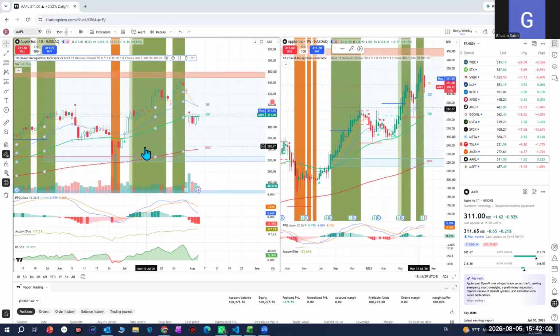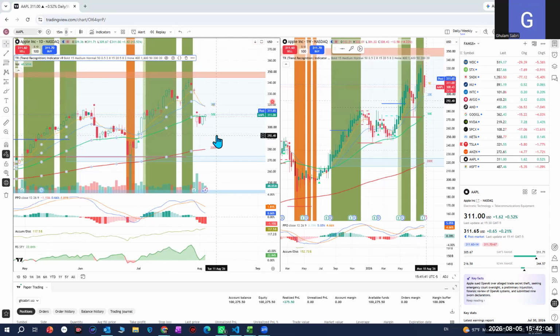Now, I wrote an article about Apple, which is on my education side, and I shared it on my website. Apple has a tendency that whenever it breaks out, it comes back. Whenever it breaks out here, it comes back. It breaks out here, it comes back. Now, it is repeating the same thing. It breaks out and it has come back, but it will find support at a good position and then it will go again. And that will be our entry again in the case of Apple.